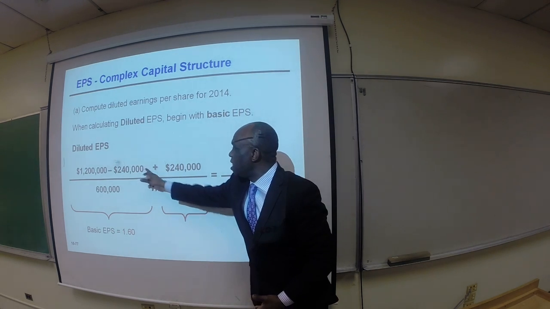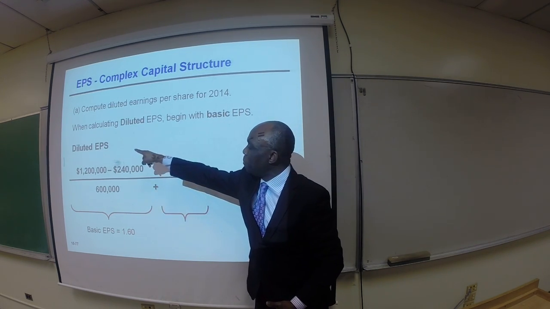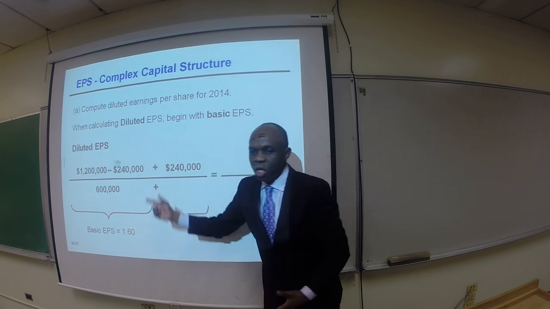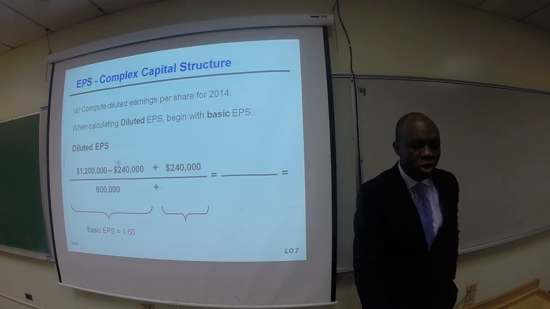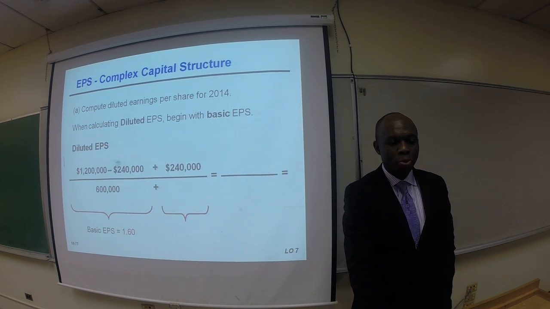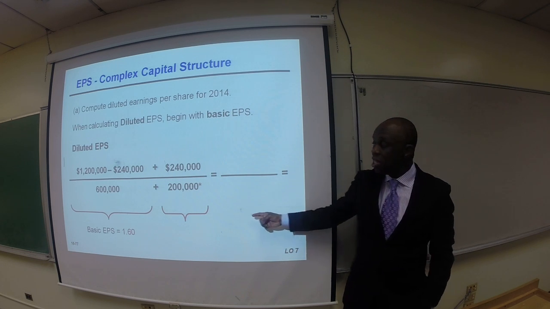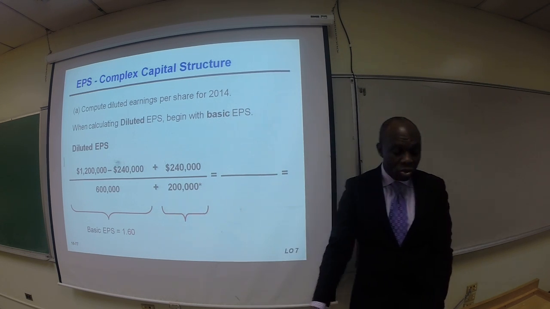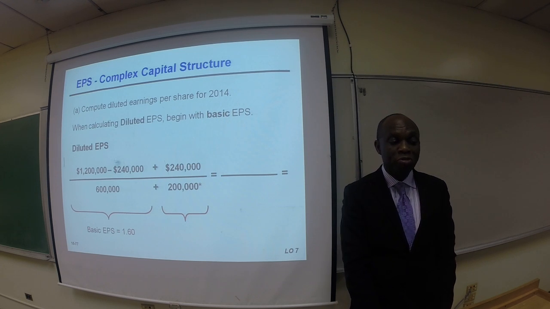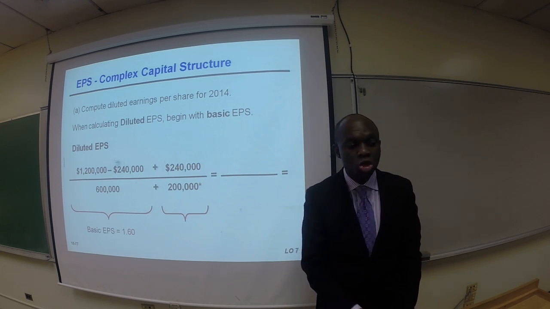So we add the $240,000. For the purpose of computing diluted EPS, the 240 is a wash. We add back the $240,000 for diluted EPS computation purposes. Now, the additional 200,000 shares resulting from the conversion of preferred stock to common stock also have to be taken into consideration in the denominator.